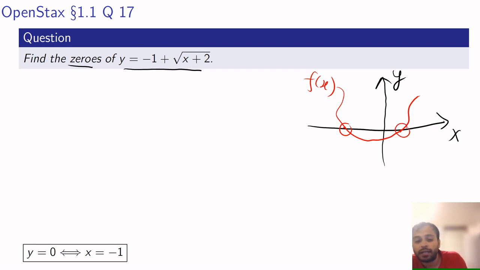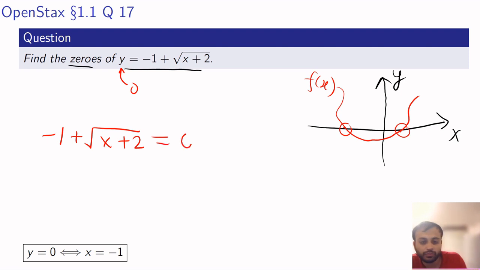How can we find this? We can find this by putting y equals 0 in these equations. So if we plug y equals 0 and then solve for x, we'll get the zeros of the function. So let's just plug in these values and equate it to 0.